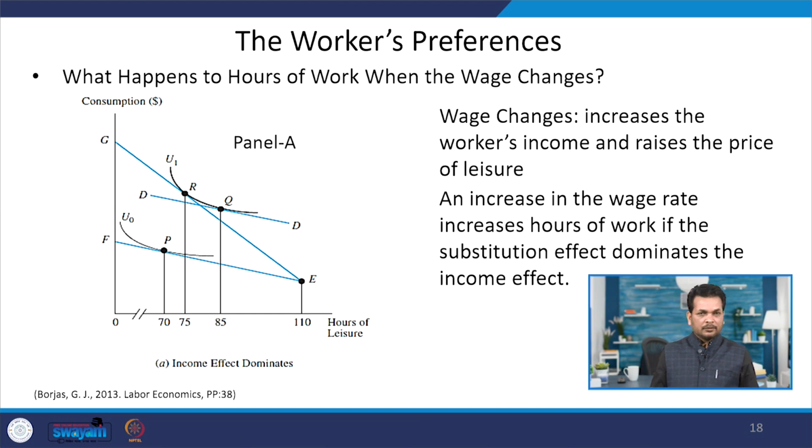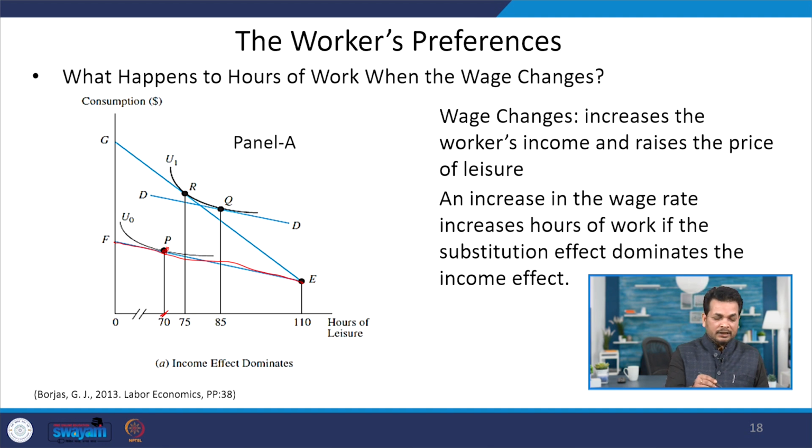Now, when the wage rate was 10, the opportunity set or the budget line was EF, and the worker was at point P having 70 hours of leisure.